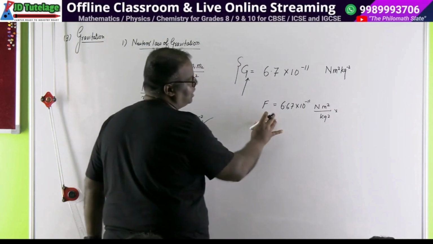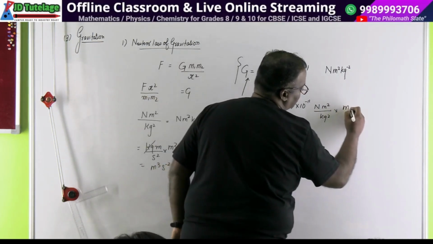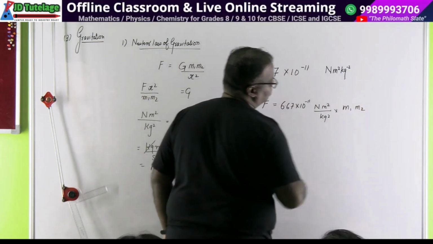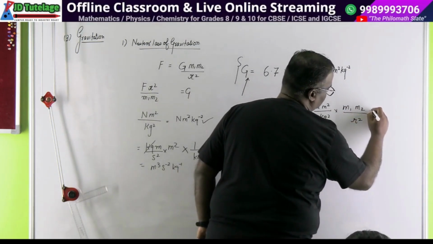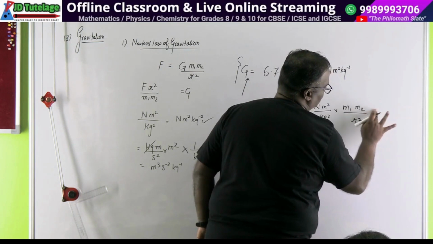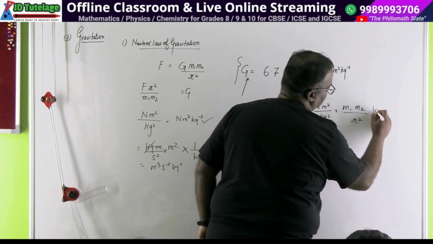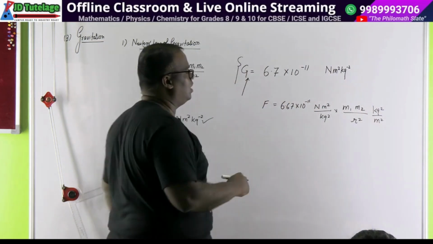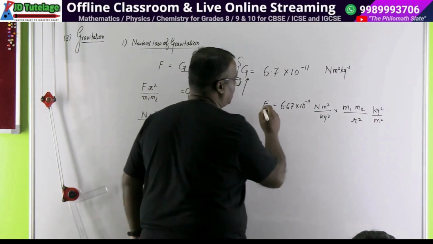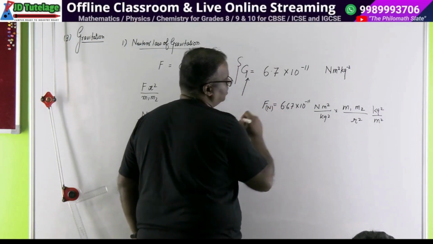Now we need to define this, and I am writing m1 m2 by r square. So I should write a kg square for this and a meter square for this. I have a reason why I have written the units of everything, and F is in Newton, right?